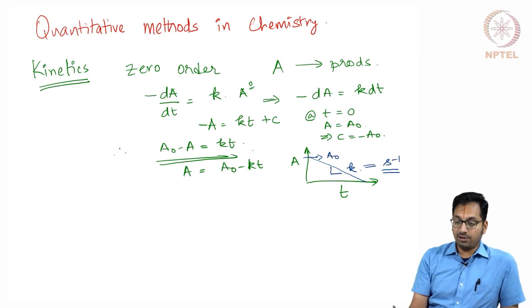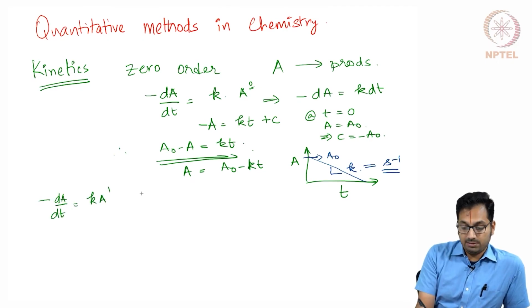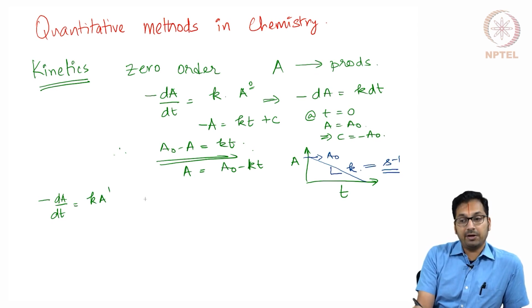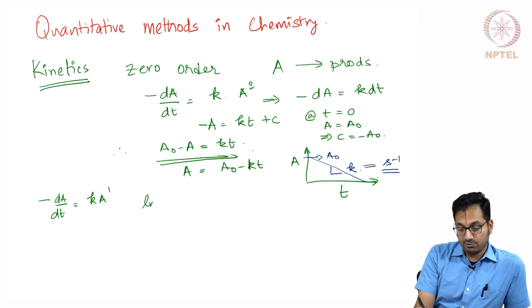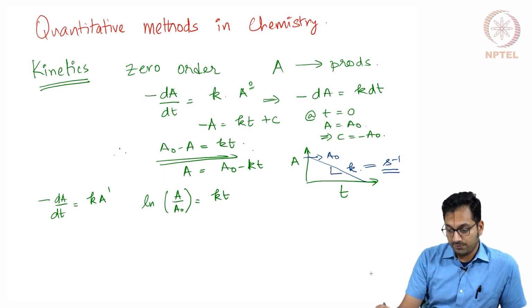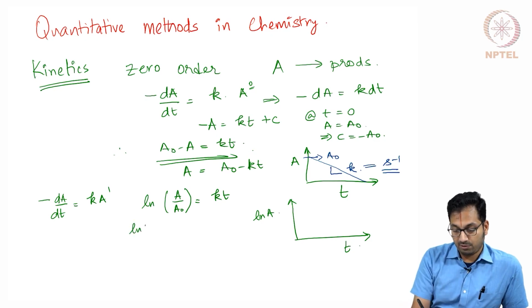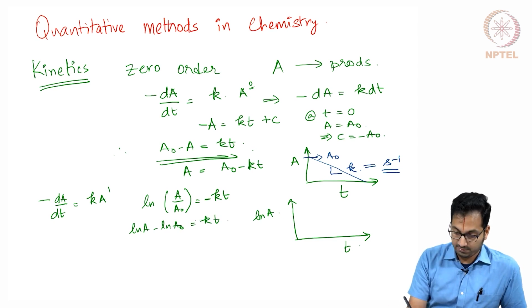Now similarly, for a first order reaction, you are going to have minus dA by dt is equal to kA to the power 1. This, when you rearrange and integrate similar to what we just did, is going to reduce to ln of A over A naught equal to minus kt. So this can also be observed if you plot, as a function of time t, ln of A. This can be written as ln of A minus ln of A naught is equal to minus kt.